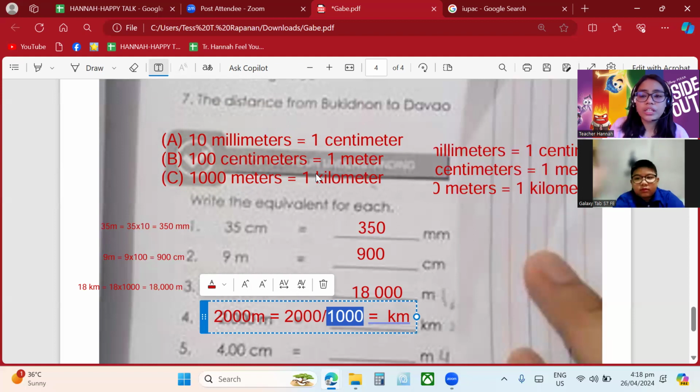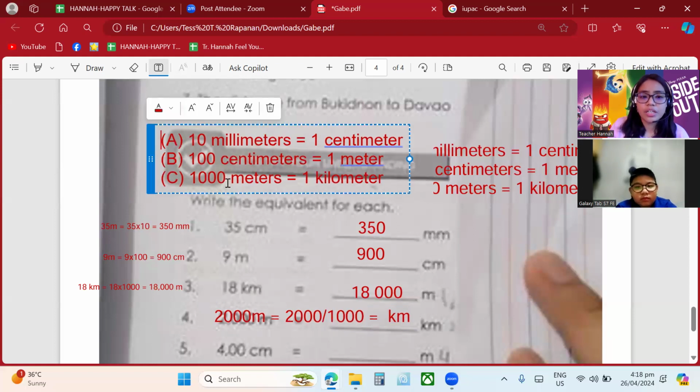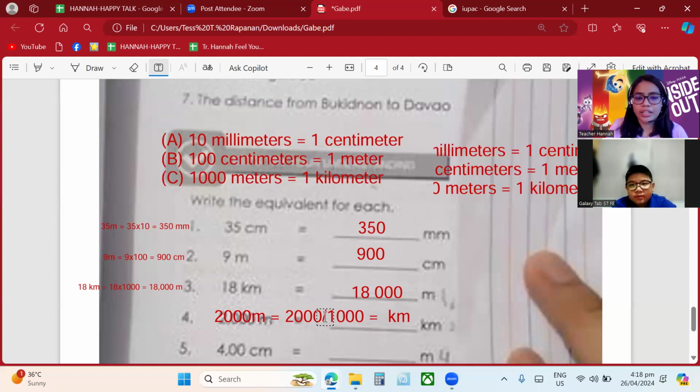Where did teacher get 1,000? Here, it's 1,000. When we go longer, we divide. When we go shorter, we multiply.